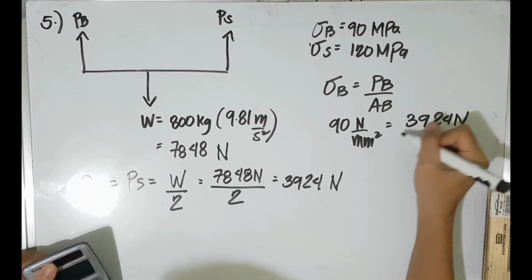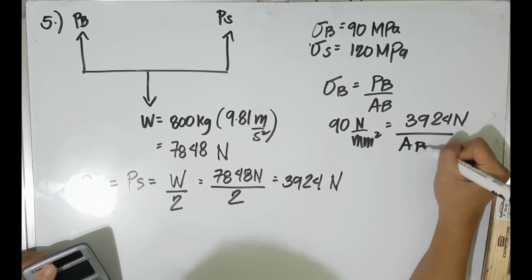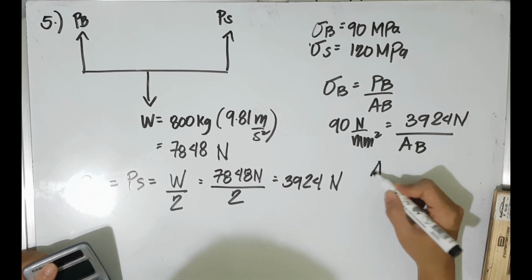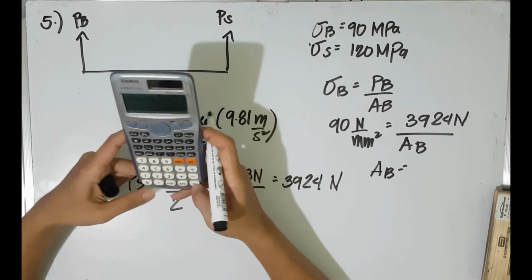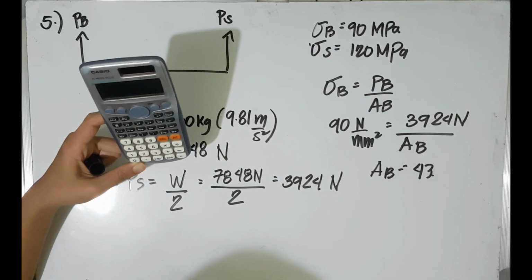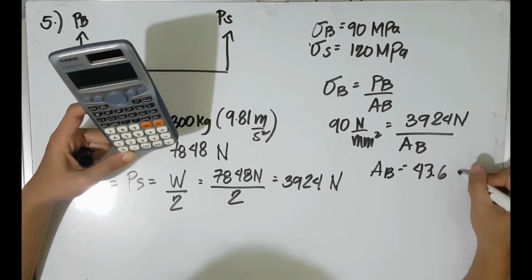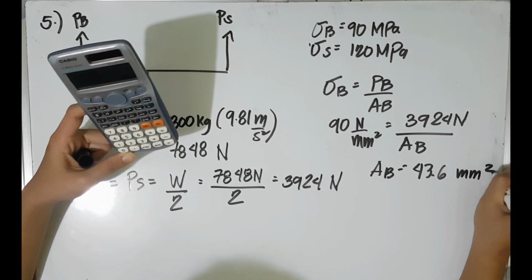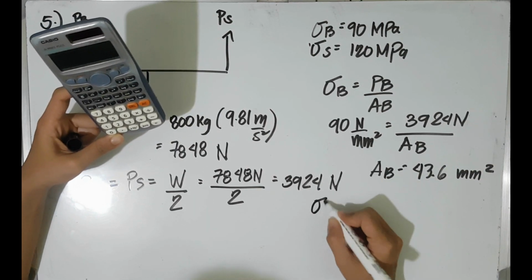Therefore, the area at the bronze cable is equal to 43.6 square millimeter.